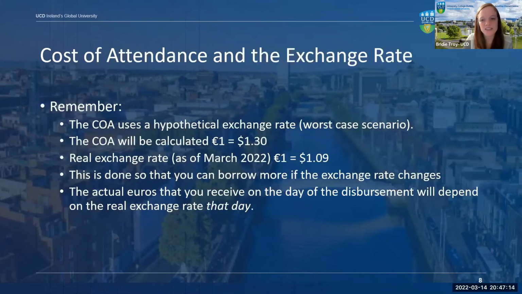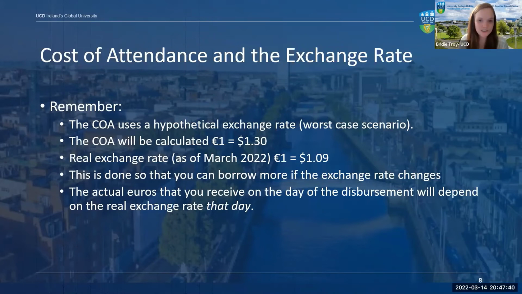Wonderful. So as I mentioned, the COA does use a hypothetical exchange rate. This is kind of a worst case scenario, a buffer, if you will, just in case the exchange rate fluctuates while the student's already in Dublin, so their COA is protected with that greater maximum loan amount. Right now we are calculating the COA at $1.30 for every euro.